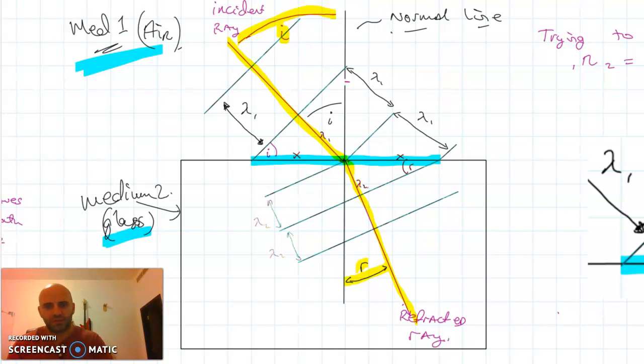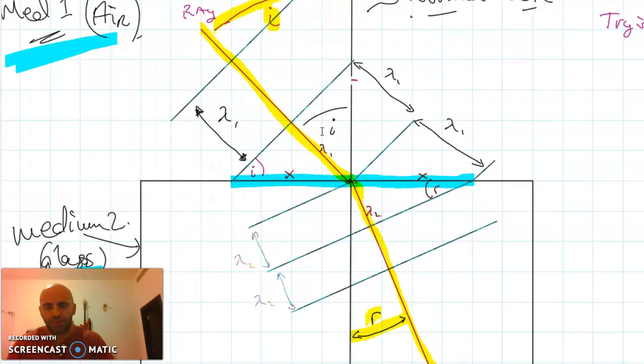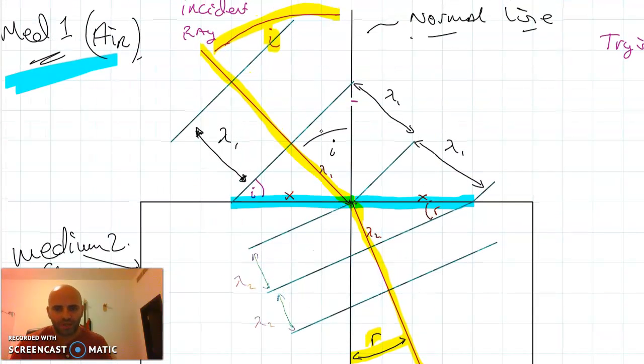Now, by a little bit of trigonometry, I can tell that if that's the incident angle, this is the incident angle as well, obviously. We've got 90 degrees here, and my wavefront is drawn perpendicular to my incident ray.